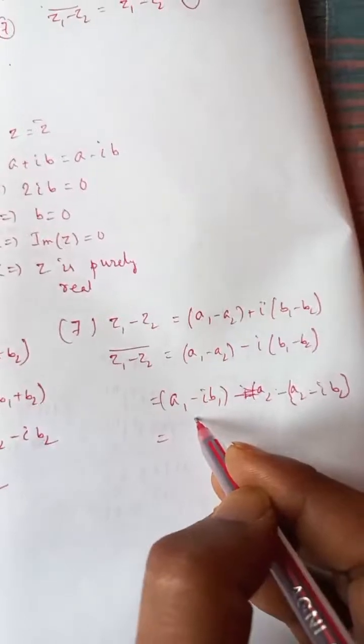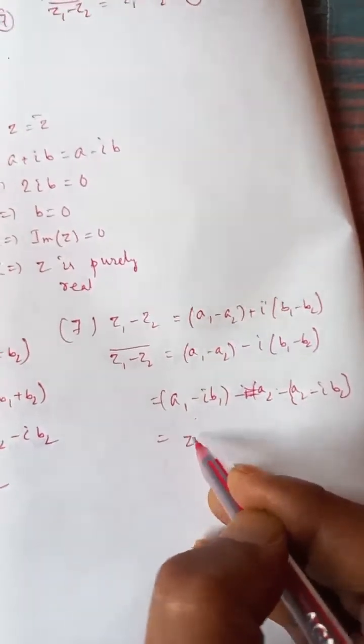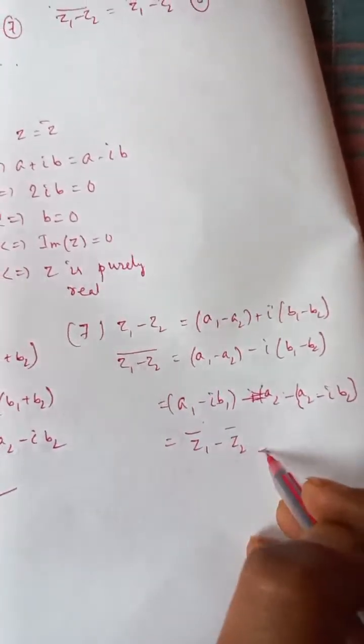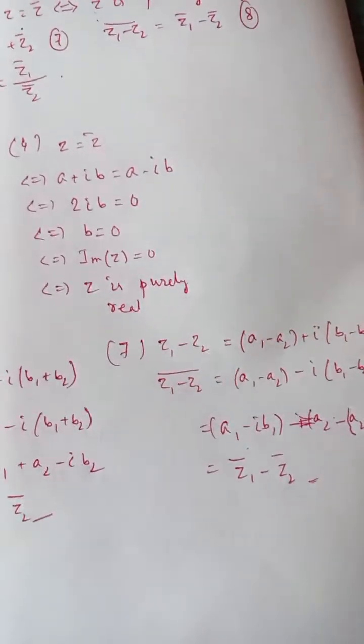This is the conjugate of z1 minus conjugate of z2. This is another proof.